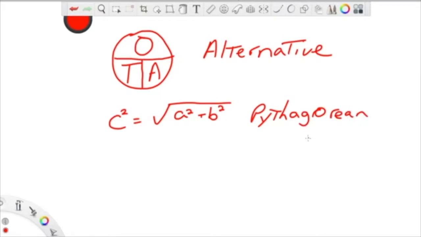Pythagorean theorem, if I can spell that. We'll be using both methods to solve the lengths of unknown sides and angles. We'll go through both for our triangles and offsets. They kind of go hand in hand.